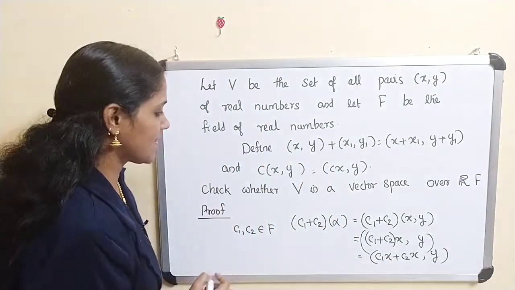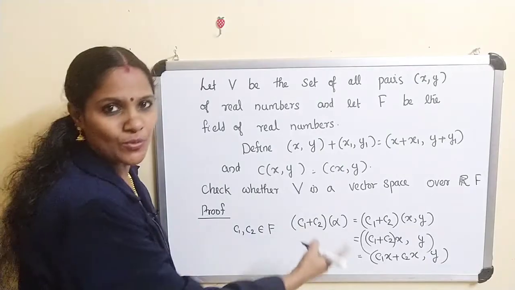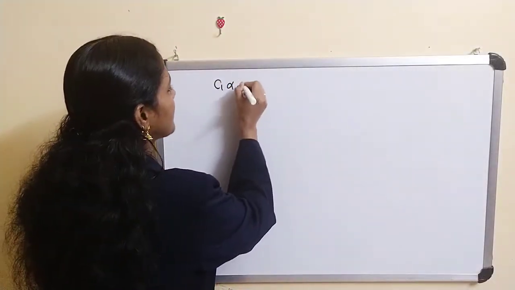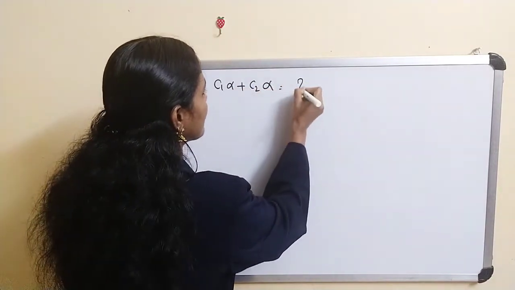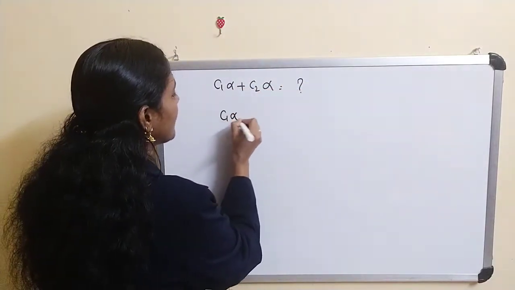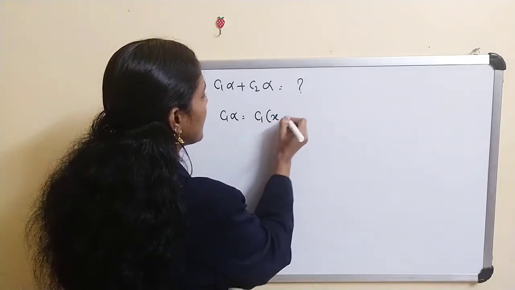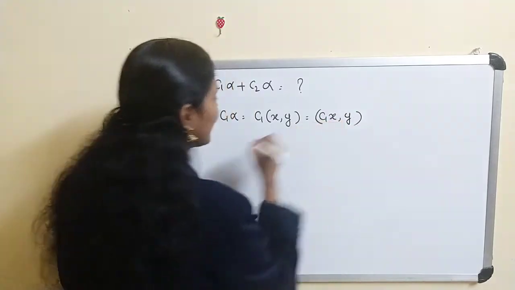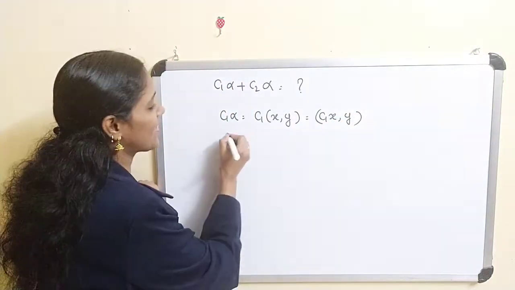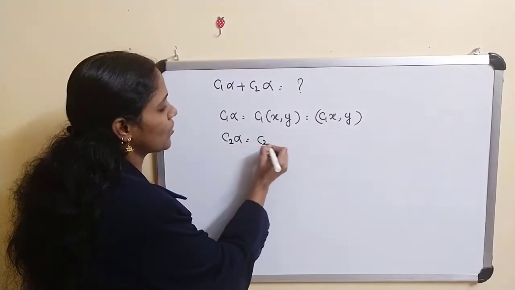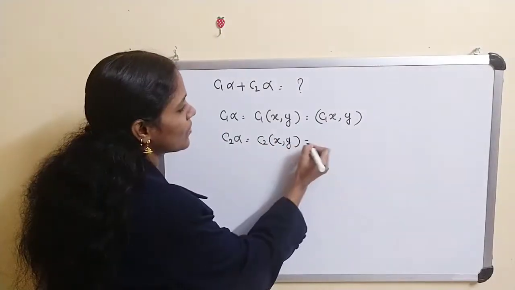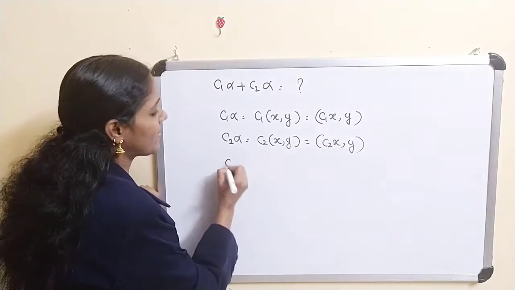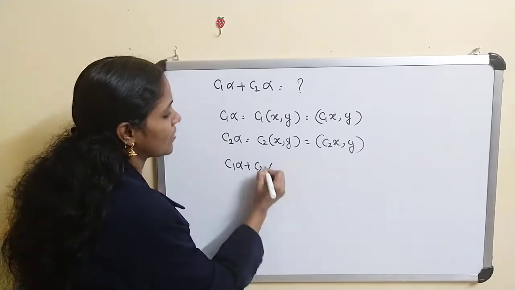Now what is C1 alpha + C2 alpha? C1 alpha equals C1 of (x, y), which is (C1x, y). C2 alpha equals C2 of (x, y), which is (C2x, y).